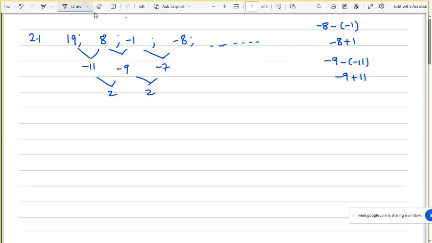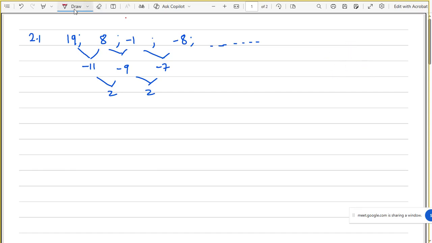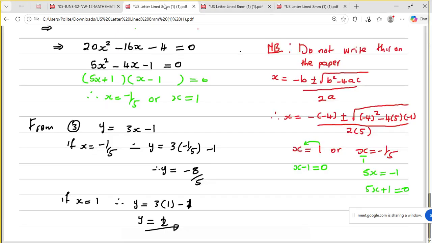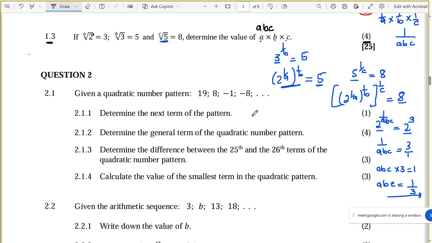Now we're going to answer the following questions using this quadratic pattern. In most cases, they'll need you to find the first three terms of the pattern, but in this one they only want the next term, which is term number 5.